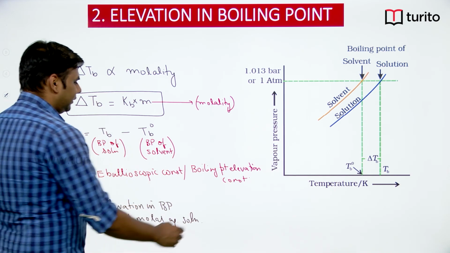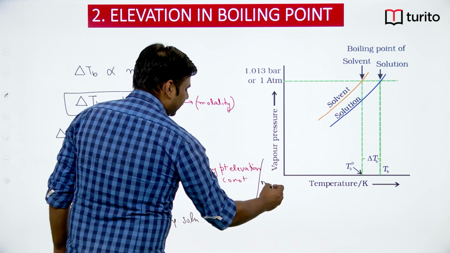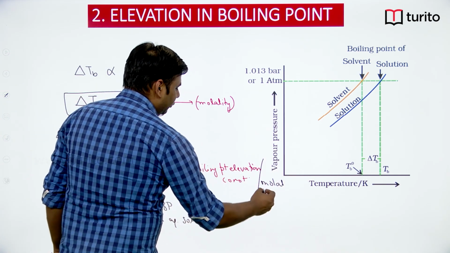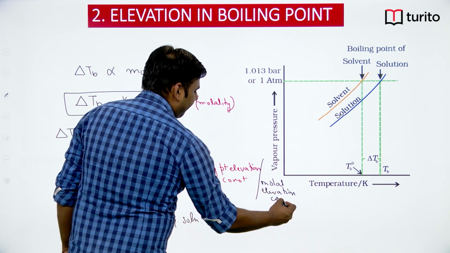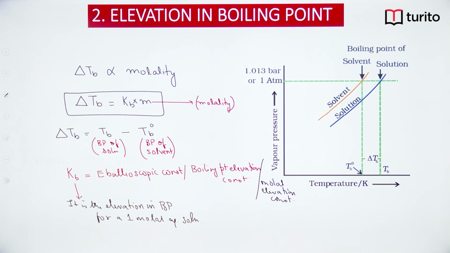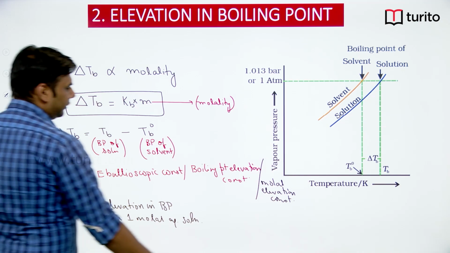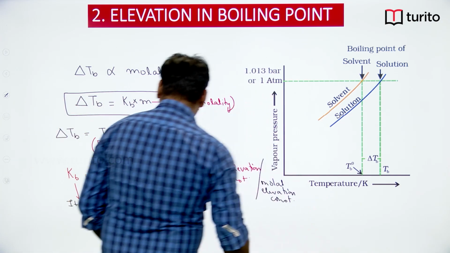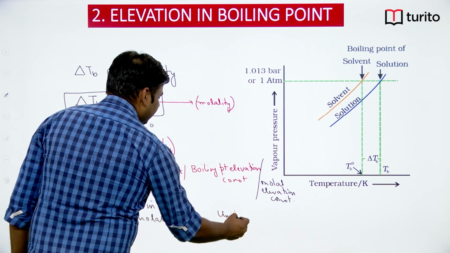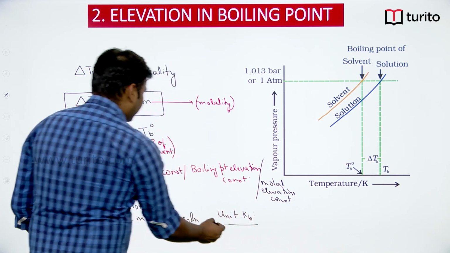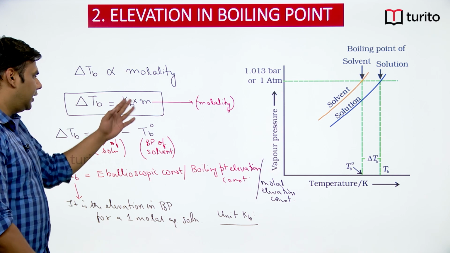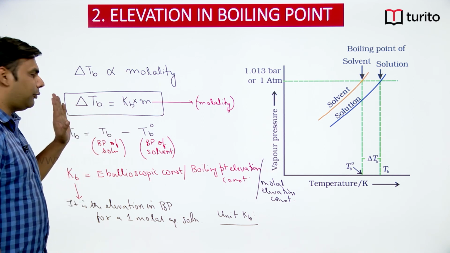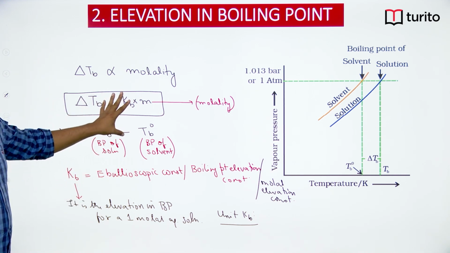So this is called the ebullioscopic constant, molal elevation constant, or boiling point elevation constant. You can call it anything among these three. Now, if you look at the unit of Kb, because the difference in temperature is there, the unit would be either Kelvin or degree Celsius, and we have delta Tb upon m as the value of Kb.